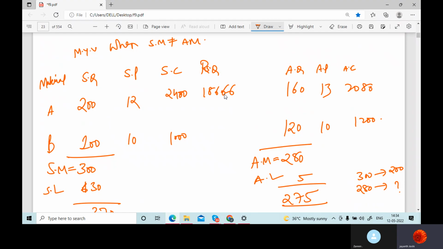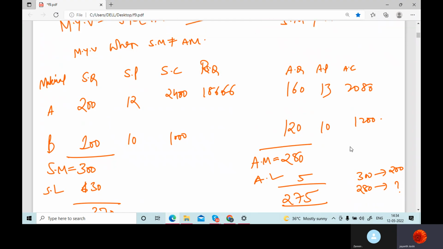In the same way, for this standard mix, if the standard quantity is 100, for 280 actual mix, what is the revised quantity? That you can also find out.